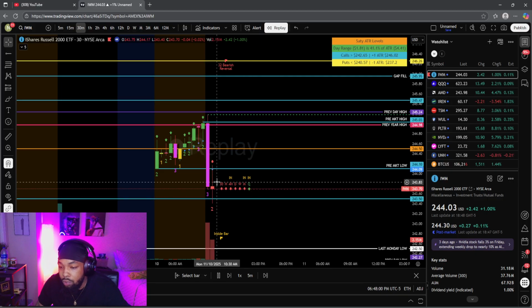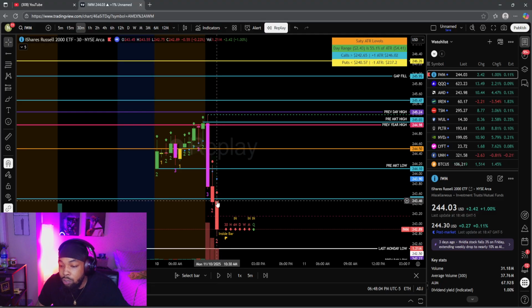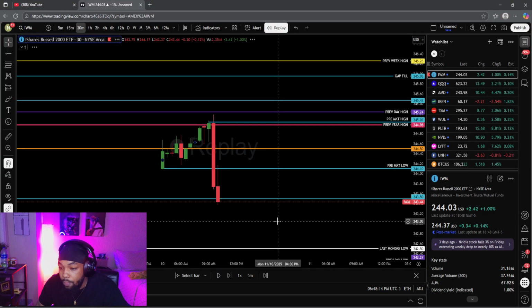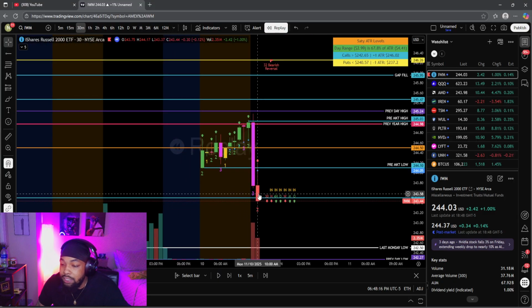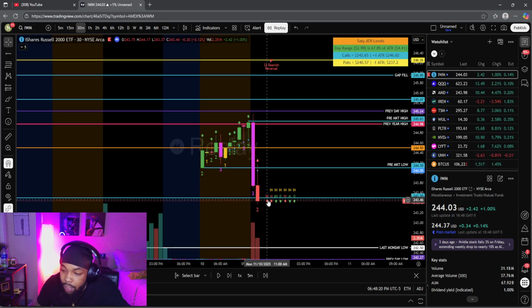Sellers, cool. Buyers, cool. Boom. So on the close of this candle right here, and y'all see how much volume we're getting as well, the close of this candle here was extra confirmation for me to stay in the trade.